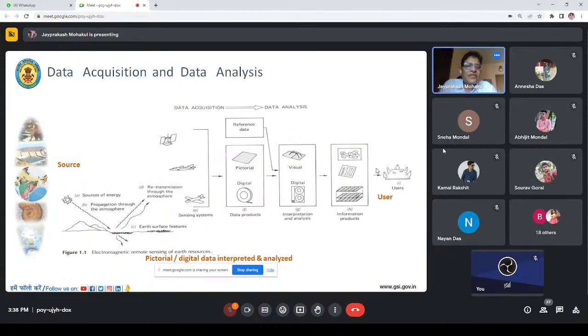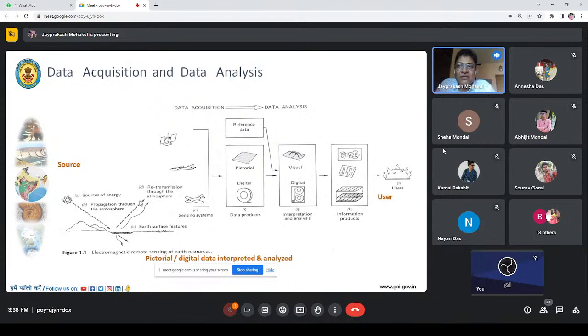Now, how does data acquisition take place? As we discussed, you have a source. This source can be passive, as in the case of the sun. You can also have an active source, where we send a signal and receive it back, like light detection and ranging, LiDAR.